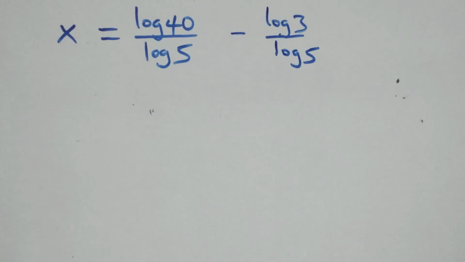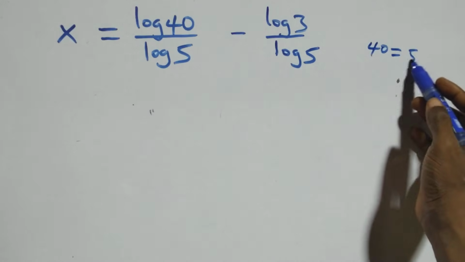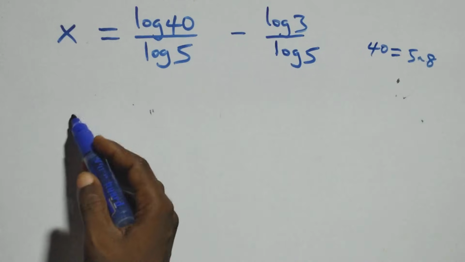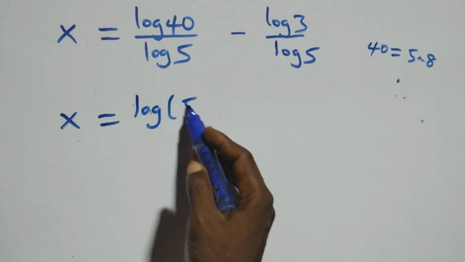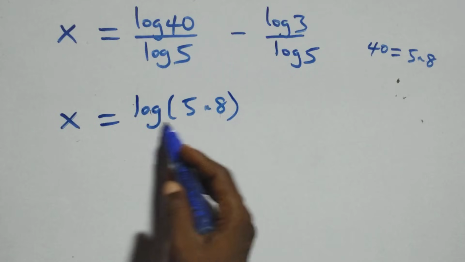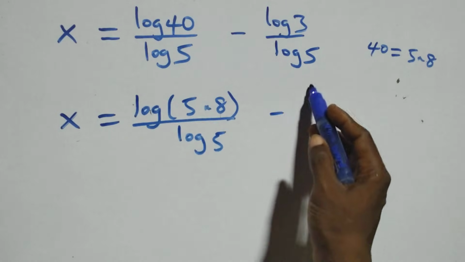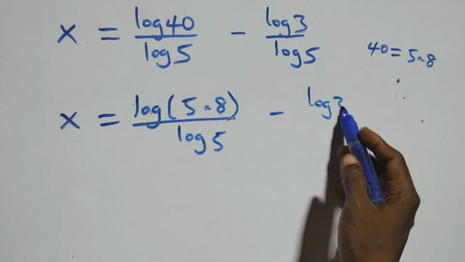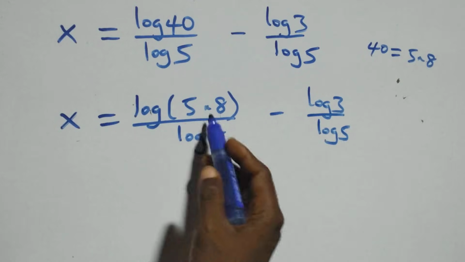Then next step here, you can write 40 as 5 times 8. This becomes x equals to log 5 times 8 over log 5 minus log 3 over log 5. Then this follows the law of logarithm.